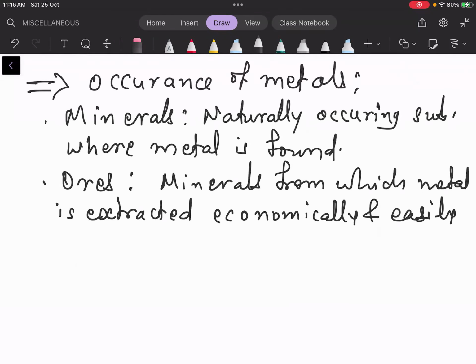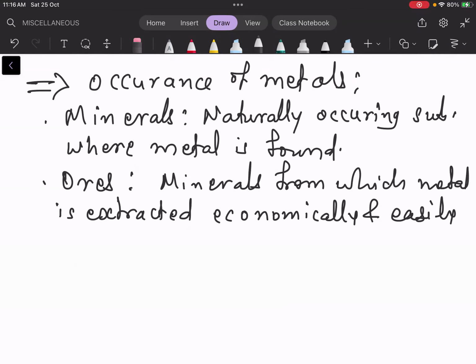So what is the distinction between ores and minerals? Naturally occurring substances where metal is found are called minerals. And ores are minerals from which metal is extracted economically and easily.